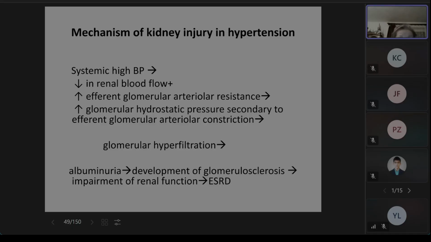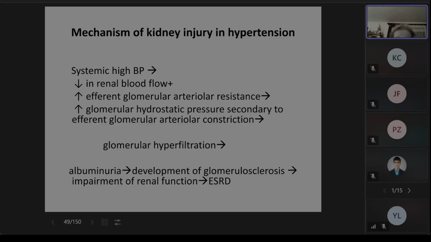Because of hyperfiltration, we can observe albuminuria, and in the future also overt proteinuria. Albuminuria is leading to developing glomerulosclerosis and impairing renal function, and in fact the last stage is end-stage renal disease. So in this way, hypertension can injure the kidneys.